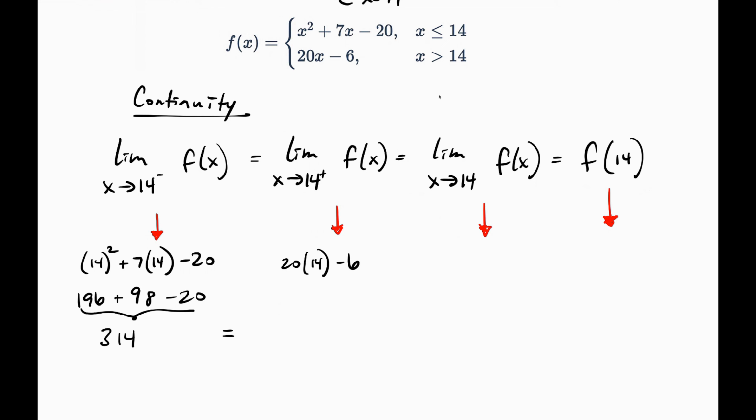Let's see, 280. Is that right? 140, double 140. 280 minus 6 equals 274. Is this supposed to be 274?